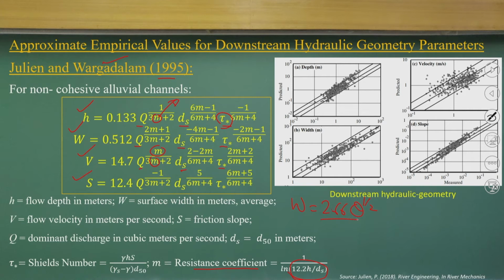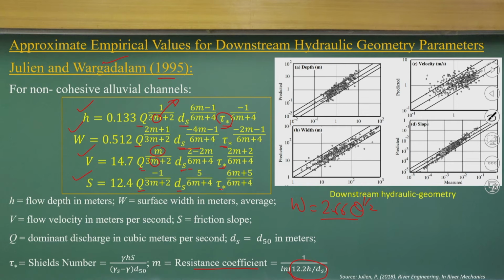But in this case, the width of the river has exponents of 2m plus 1 over 3m plus 2, and is a function of ds and tau star. As we do advanced data mining, we refine the equations and get more independent parameters as compared to the Lacey equations.